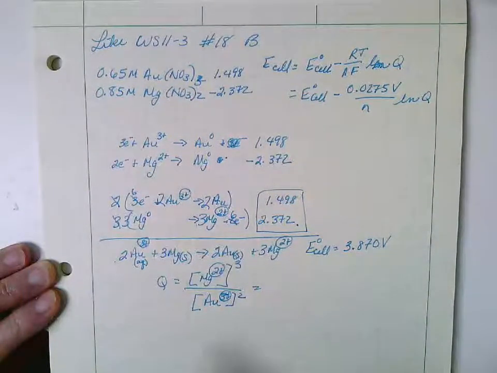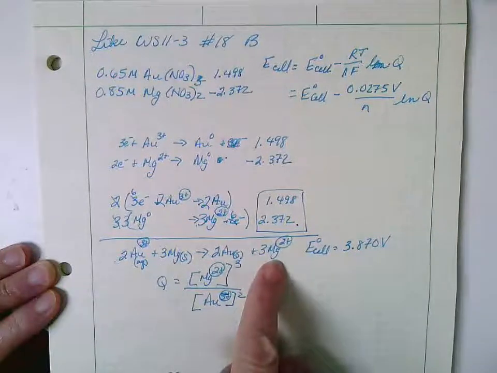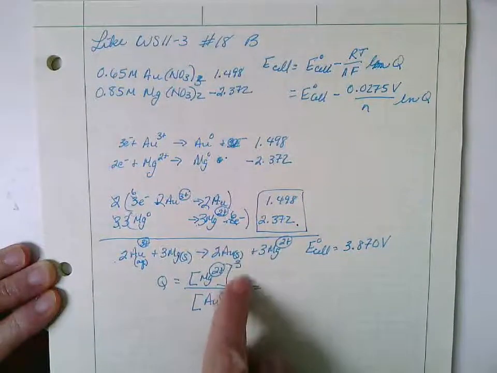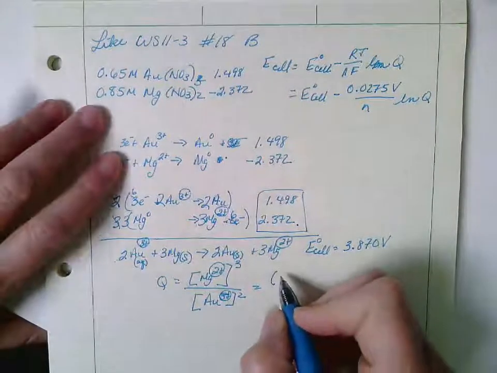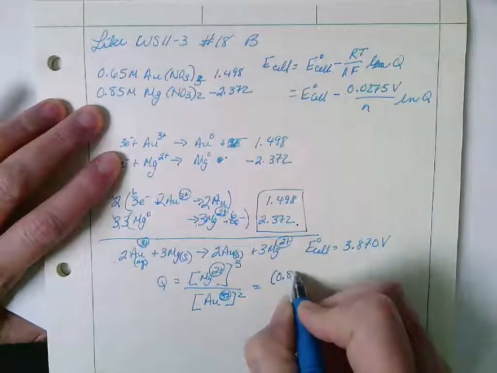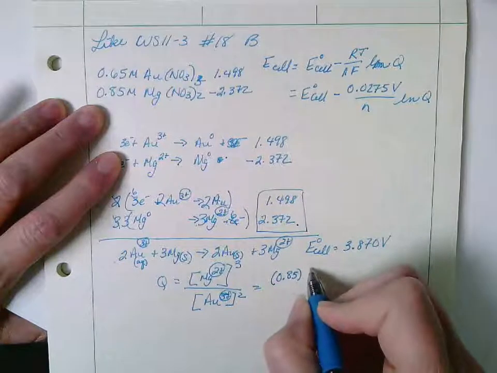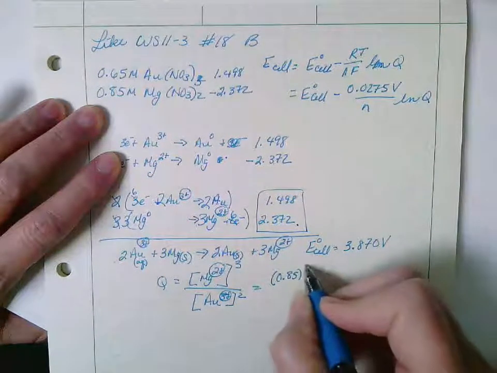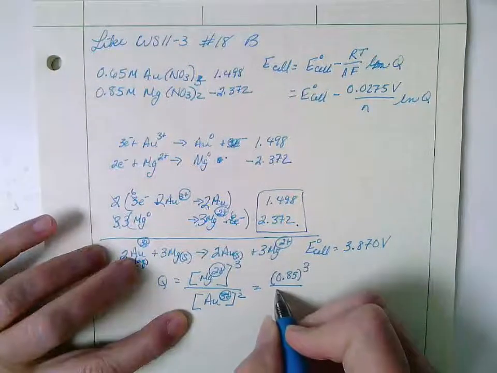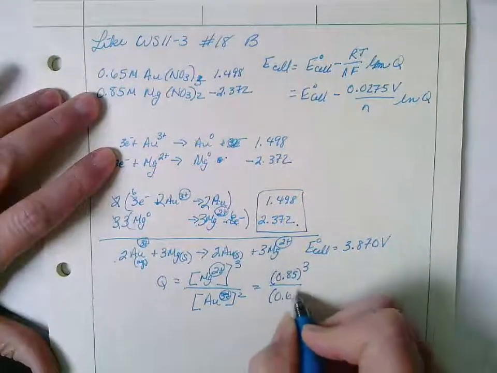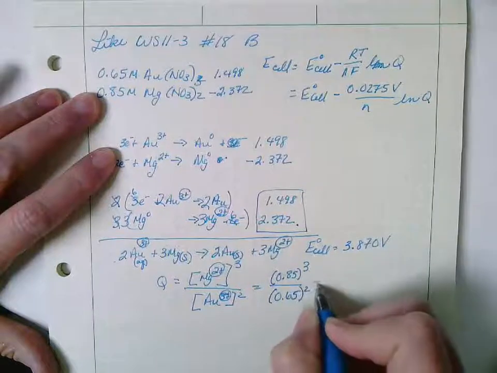I don't have to do anything like multiplying by these factors. All I have to do is take care of these exponents. So Mg is going to be 0.85 cubed divided by Au, which is 0.65 squared.